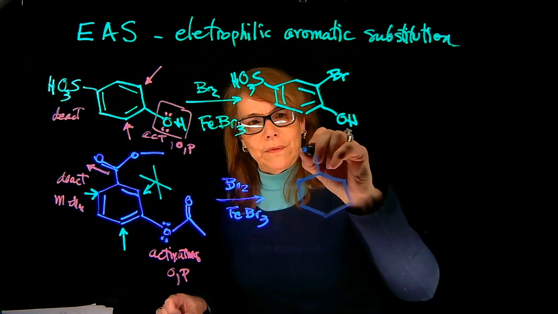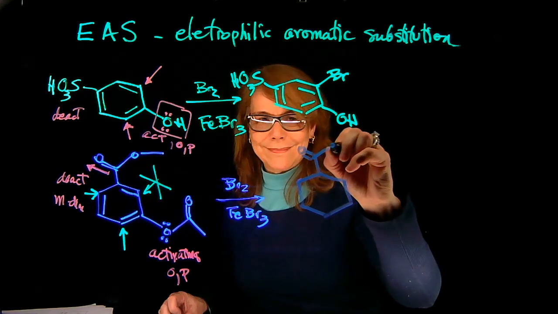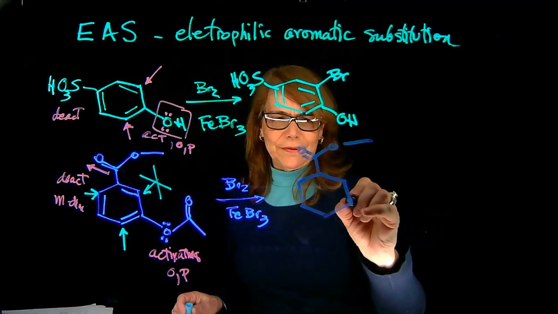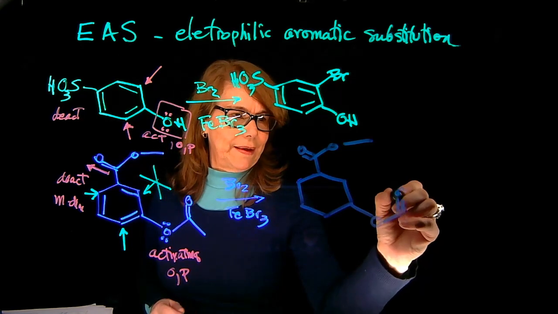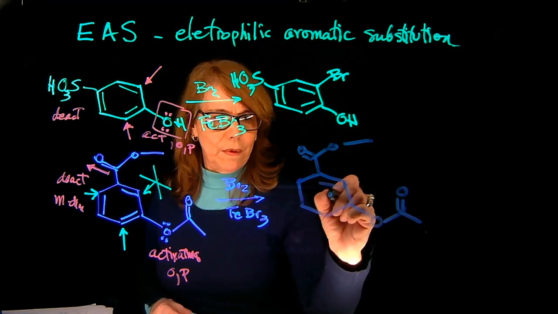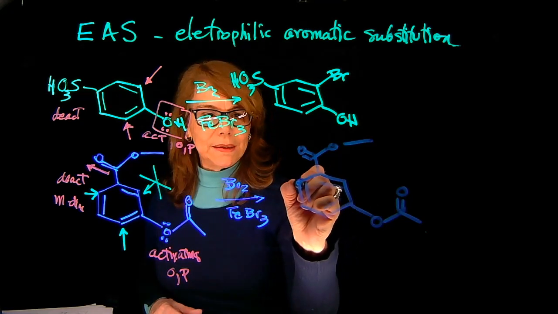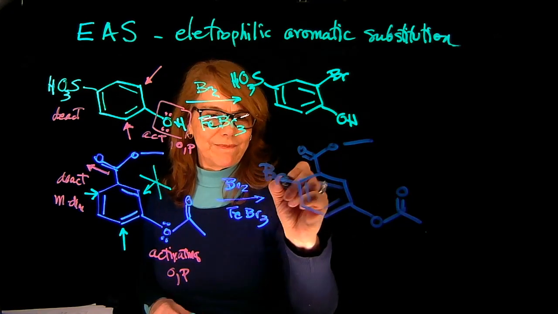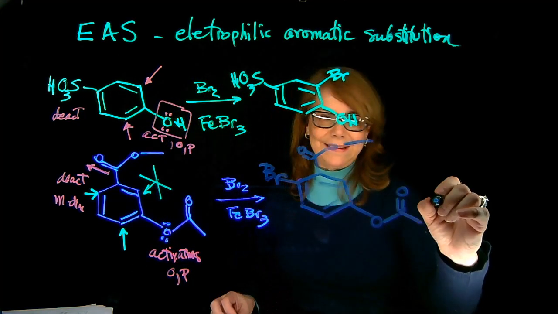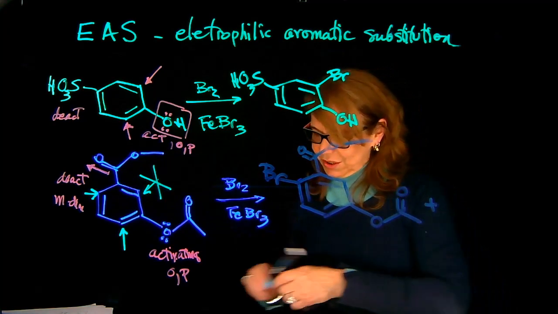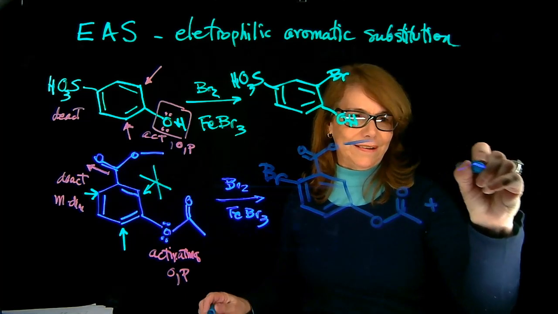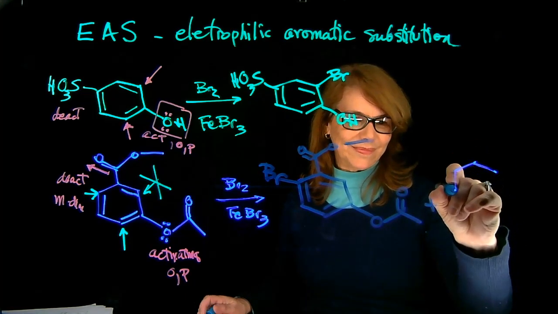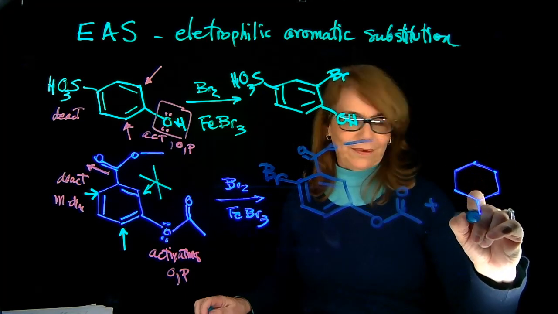So I'm going to have the ester, doing my substituents as I had it at the beginning. One is going to have the bromine here, and the other is going to have the bromine here, where the other arrow is.